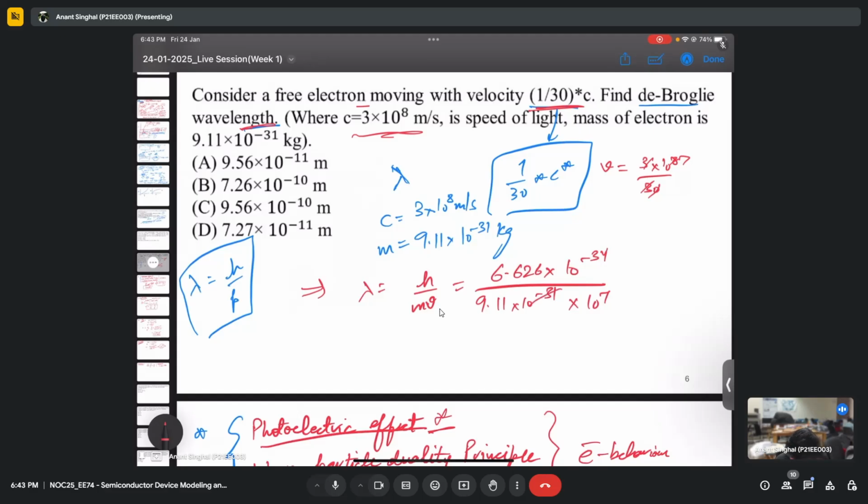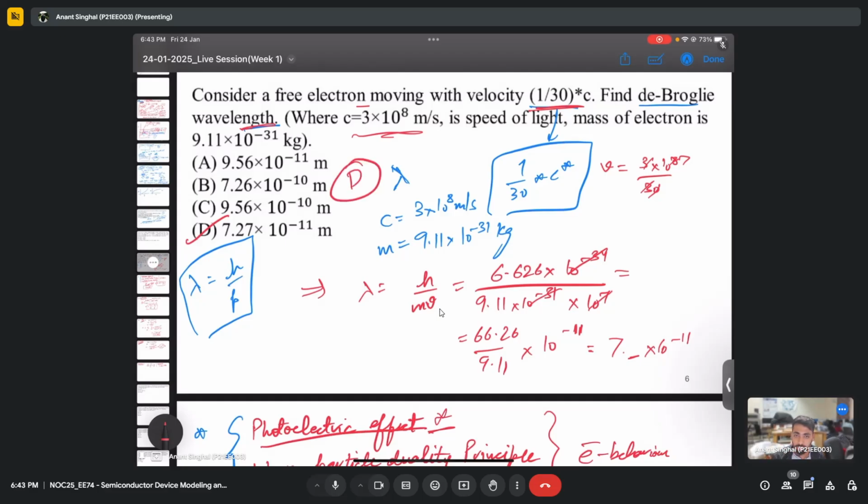So this is minus 3 and this will be minus 10. So we can write 6.626 by 9.11 times 10 to the power minus 11. So 9 7s is 63, so around 7 point something will be the answer, and 10 to the power minus 11, which is option D. So option D is the correct answer.